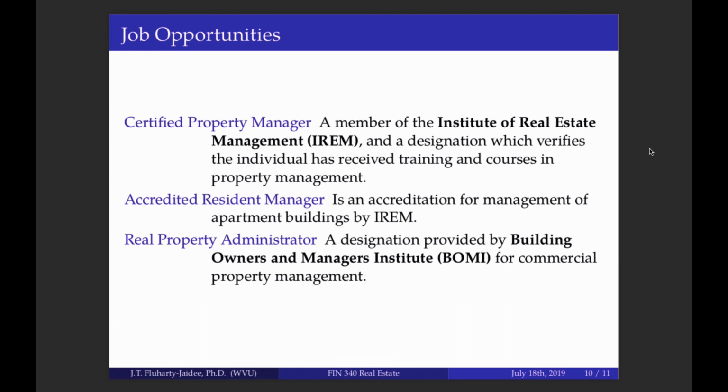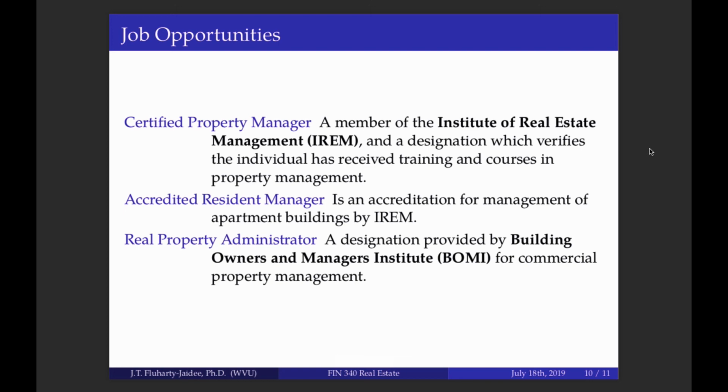The real property administrator often spends much more time than the certified property manager in maintaining the property because everything has to look particularly nice. The certified property manager may have some duties in maintaining the property, but will spend most of their time dealing with leases and constructing them with tenants and then dealing with tenant complaints. So there are two different jobs there.